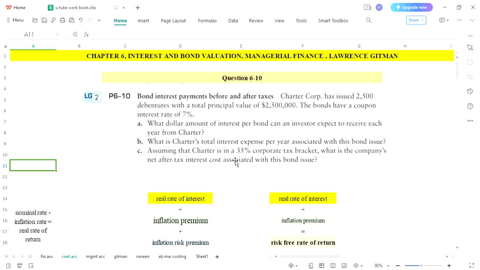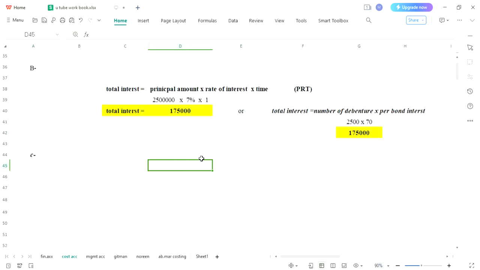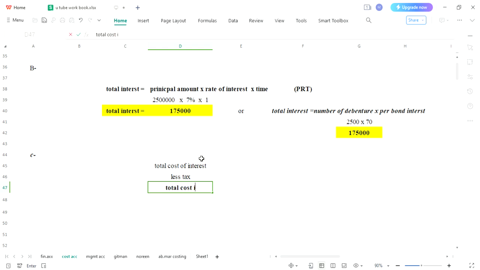Assuming that Carter is in the 35% tax bracket, what is the company's net after tax interest cost associated with this bond? That is simple. Total cost of interest, then you will subtract your tax, you will get total cost of interest after tax.